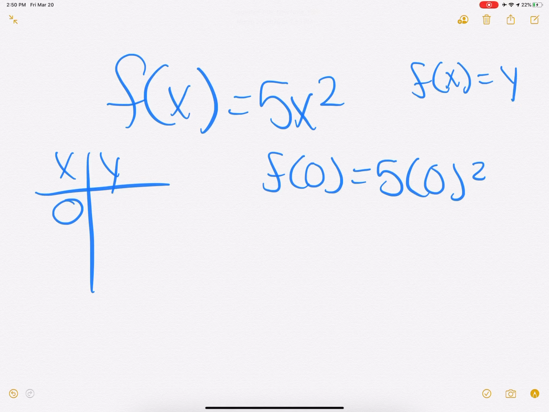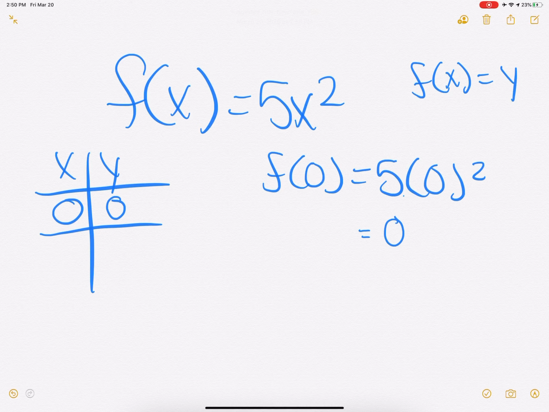So f of x equals y. So if I have f of x equals 5 times 0 squared, 0 to the second power is 0. 0 times 5 is also 0. So it's going to equal 0. So our first value for y is 0, and our value for x is 0, okay? So our first point is 0, 0.